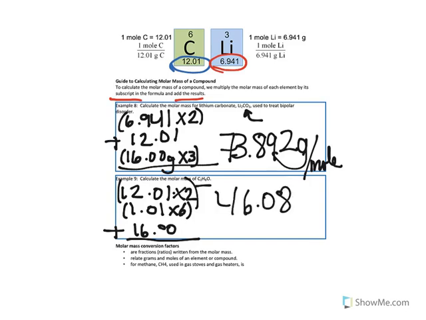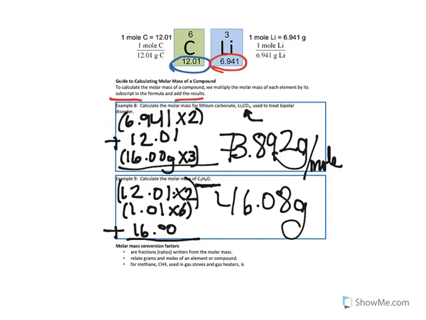Therefore, 1 mole of C2H6O weighs 46.08 grams, or the molar mass of this compound is 46.08 grams per mole. Therefore, if you had 2 moles of C2H6O, you would multiply that by 2 to determine how many grams you have.